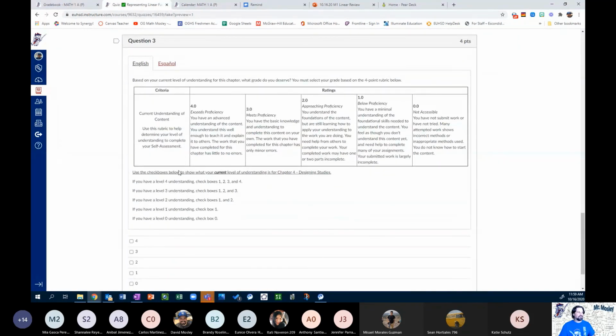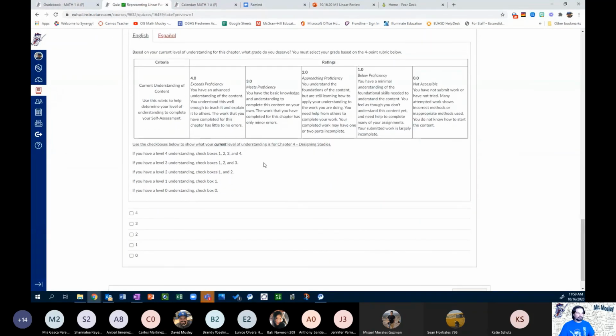Then we have the level of understanding. We have the rubric here. It is from 4, 3, 2, 1, 0. You need to choose your level of understanding based on how well you understand the content.